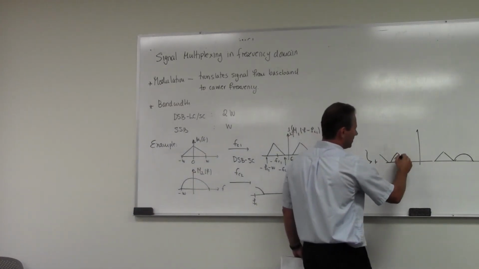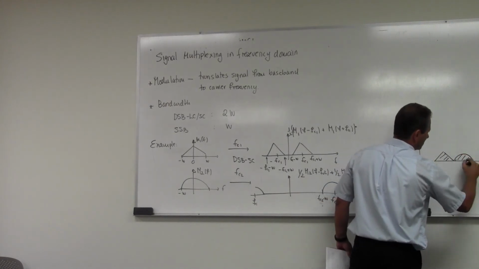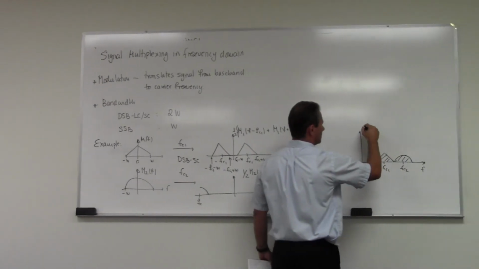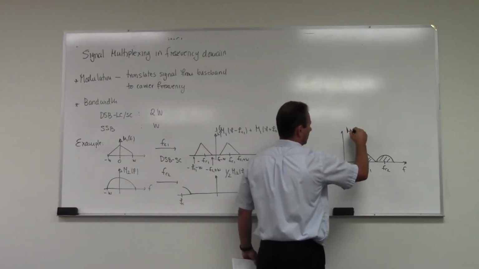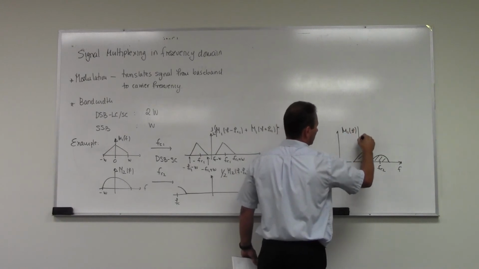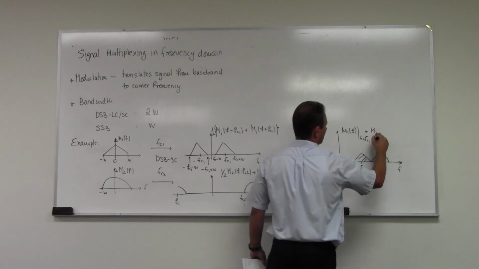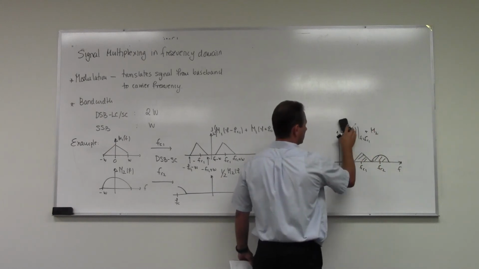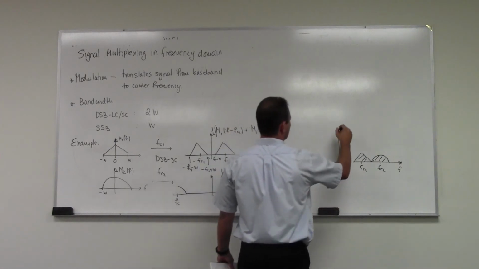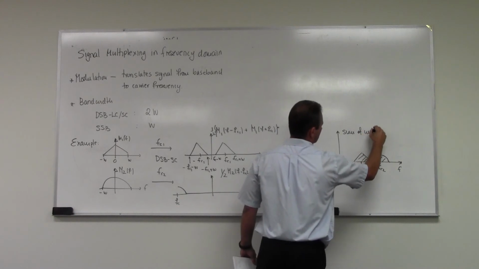So you have stacked them up in a frequency domain. This is frequency, this is a carrier FC2, this is a carrier FC1, and this is now M1 of F when F is FC1 plus M2, I should really just write this as the sum of modulated signals.